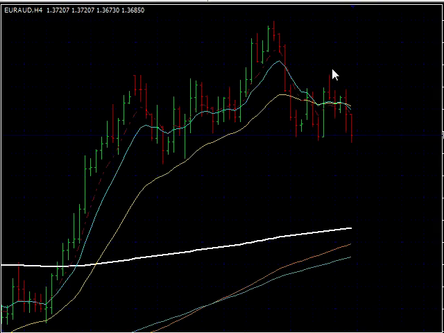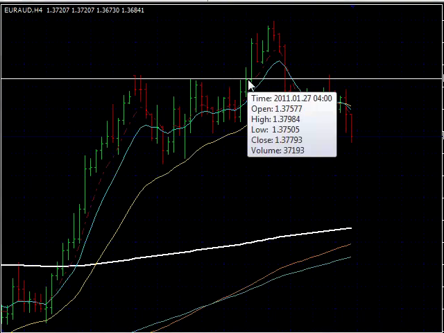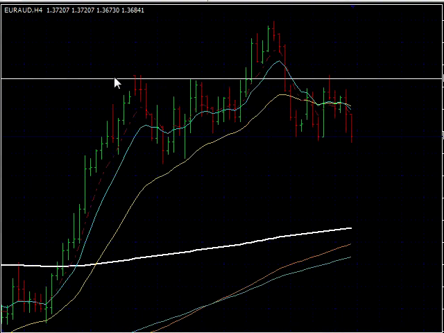Alright, so this is a pin bar. Let me draw a line over here. I've drawn a price pivot where price has made resistance, resistance, support, and therefore this is a good area where price heads up, retraces back to form a pin bar.